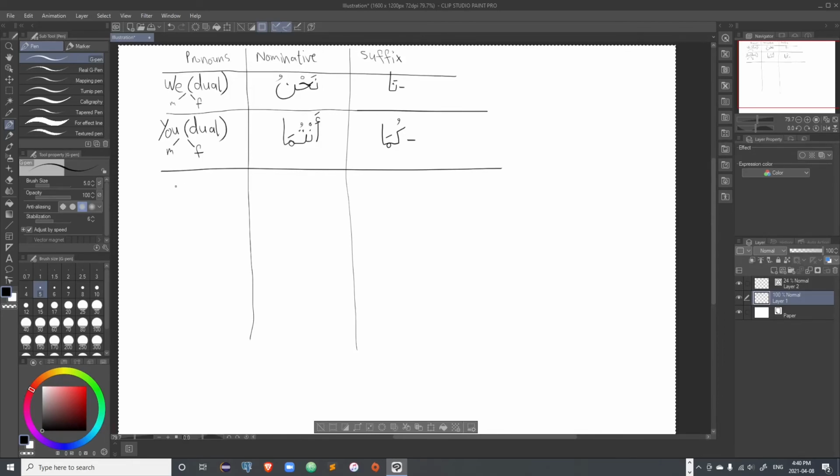Then we have they, dual. So in their absence, or in the third person.